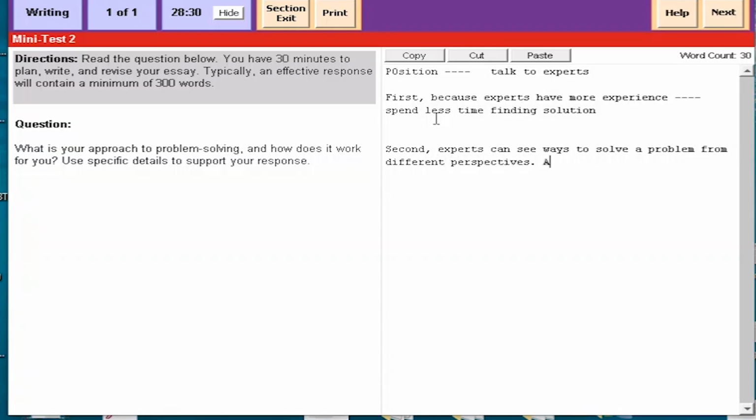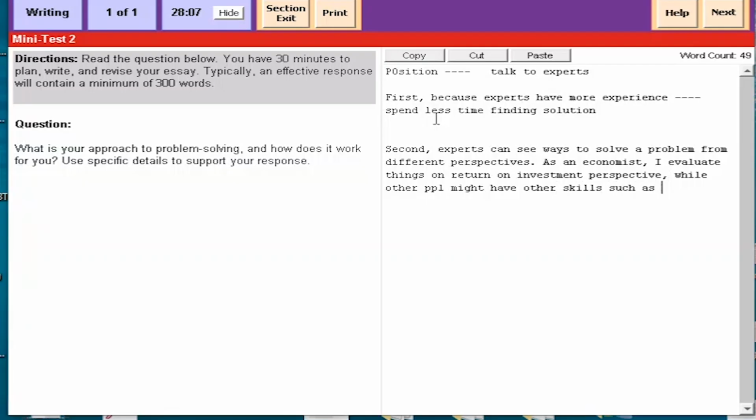I'm an economist, so I'm going to say as an economist, I evaluate things on a return on investment kind of perspective, while other people might have other skills, such as, I'm going to say something like soft skills, right?